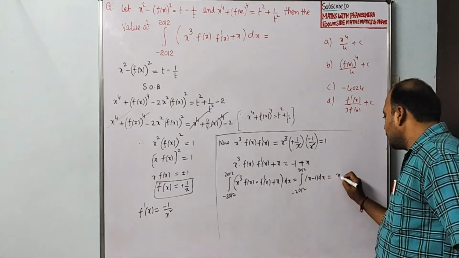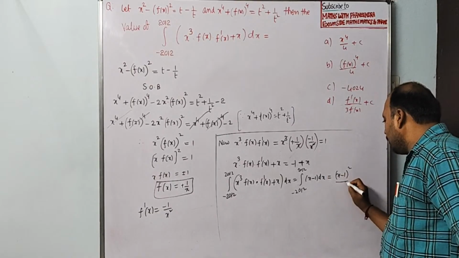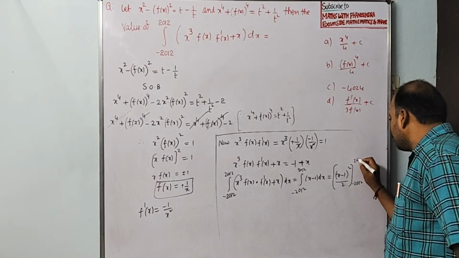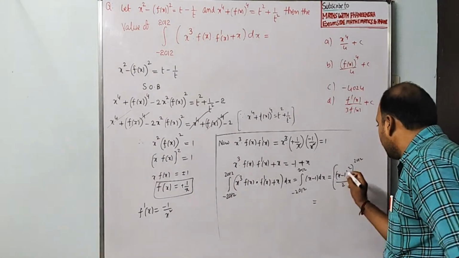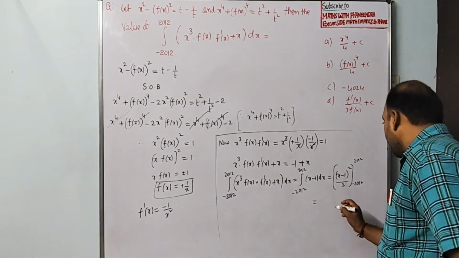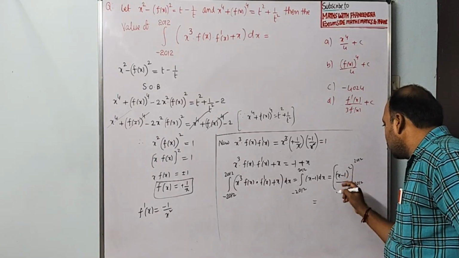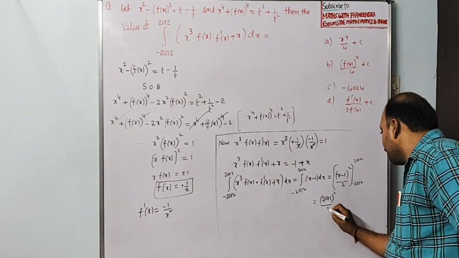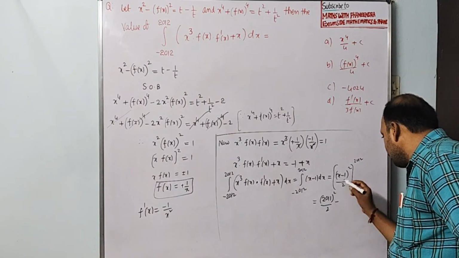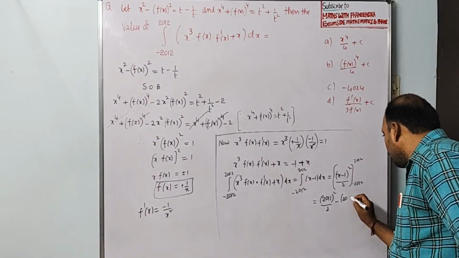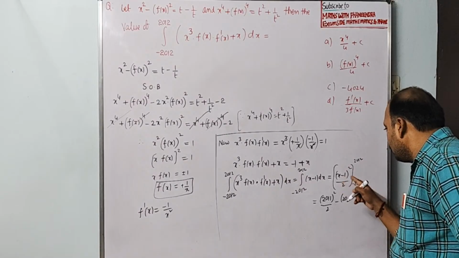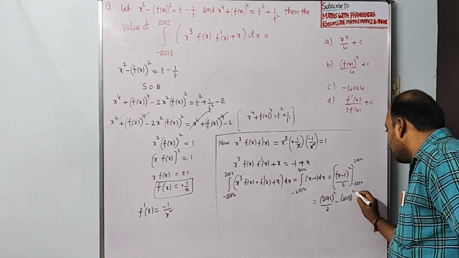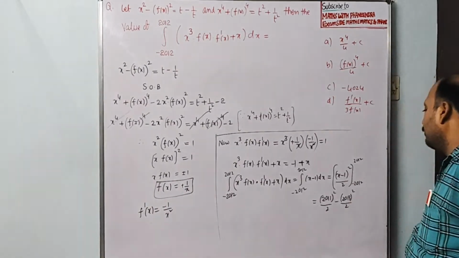Integral of x minus 1 is x minus 1 whole square by 2. Applying the limits minus 2012 to plus 2012, which is equal to 2012 minus 1 is 2011 square by 2 minus 2013 whole square by 2.